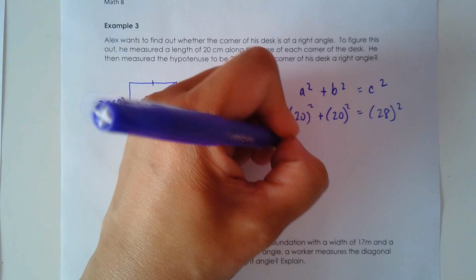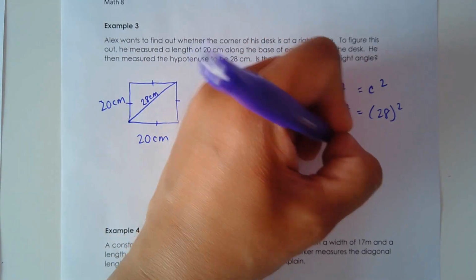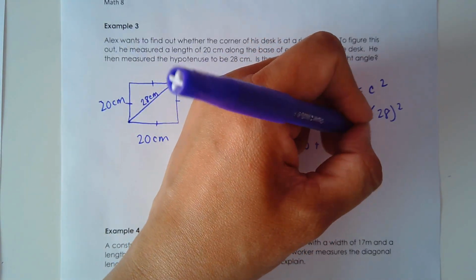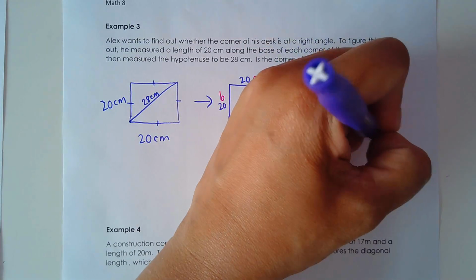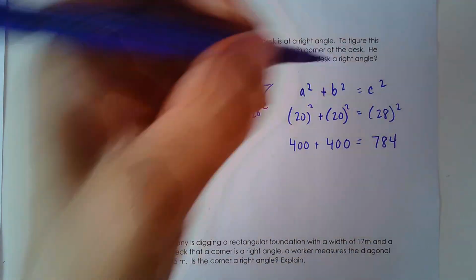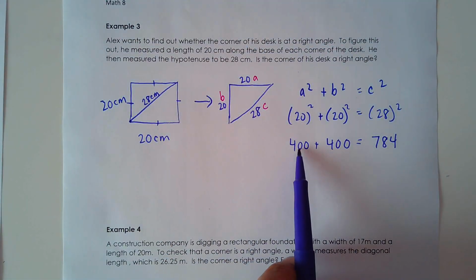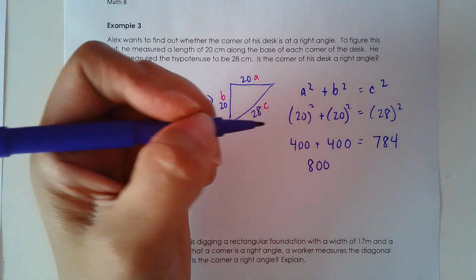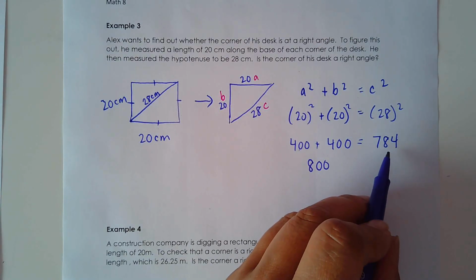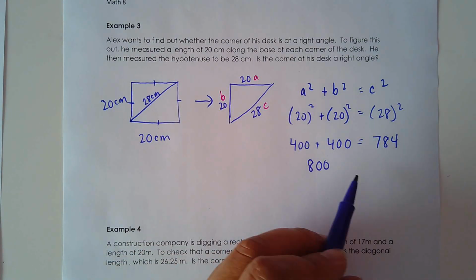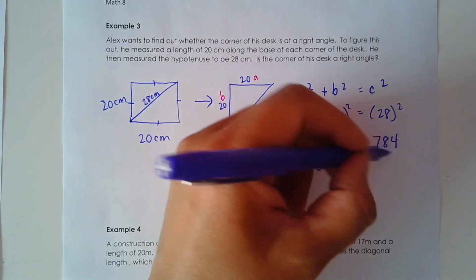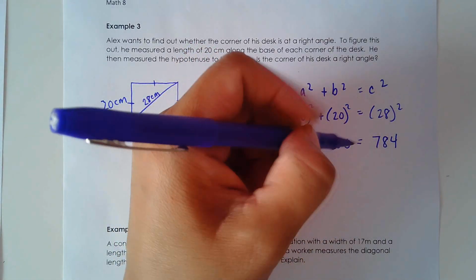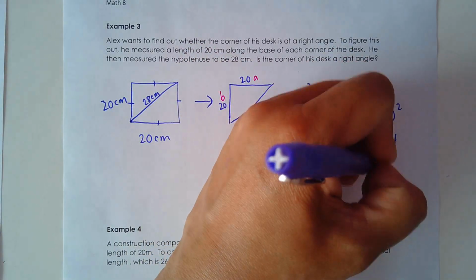So 20 squared is 400, plus 400. 28 squared is 784. So 400 plus 400 is 800, right? So this is not a right angle here, because this value should have equaled 800.